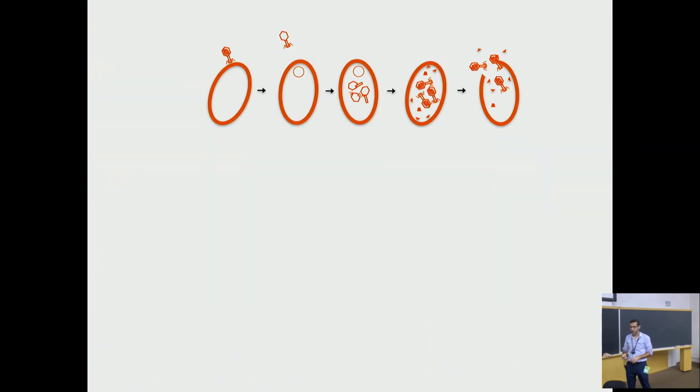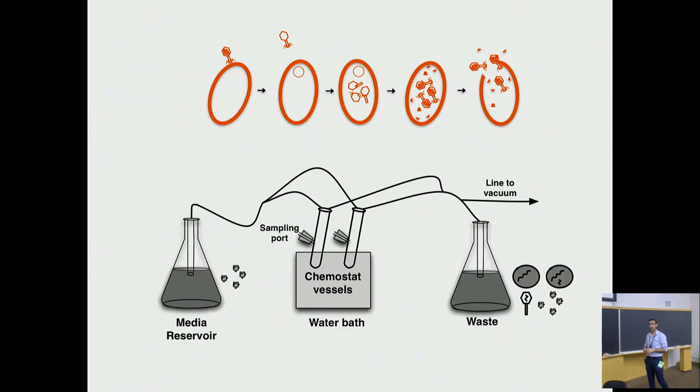Okay. So again, to point out that these models were done in the context of a particular environment. In the environment that, for the most part, these simple both experiments and models were conducted in is this notion of a chemostat.